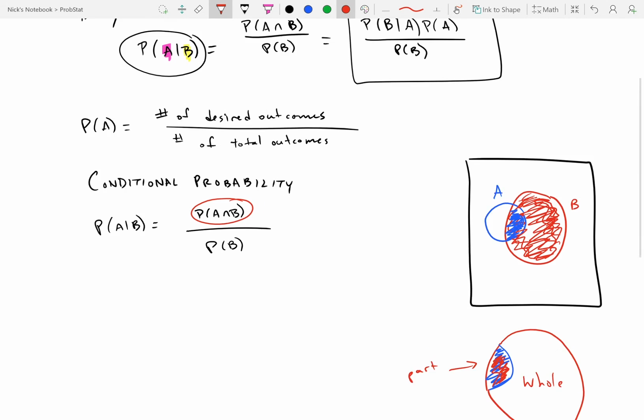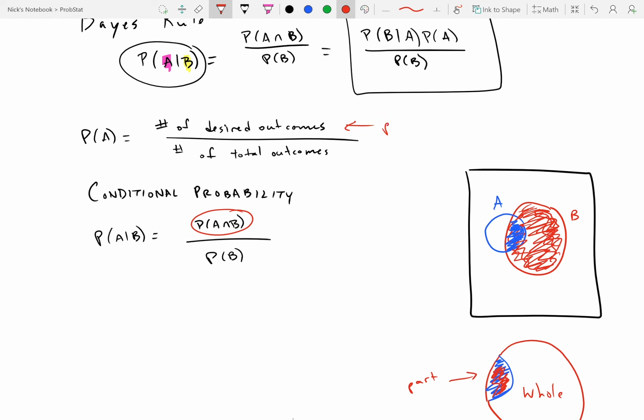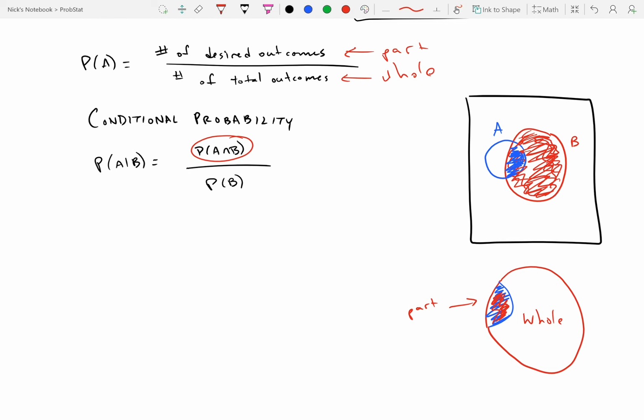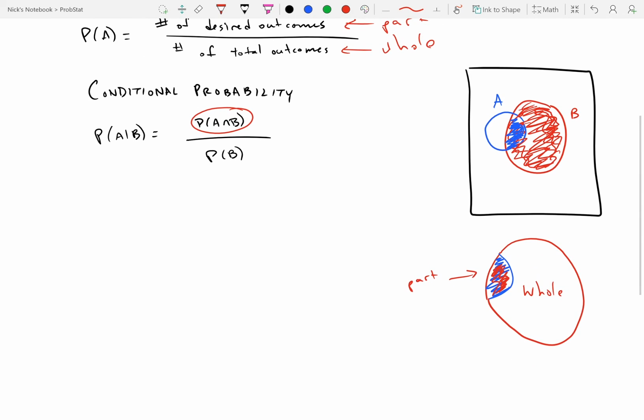Really, that's all probability is. That's where Bayes' theorem comes from. As long as you know part over whole, we should be good.